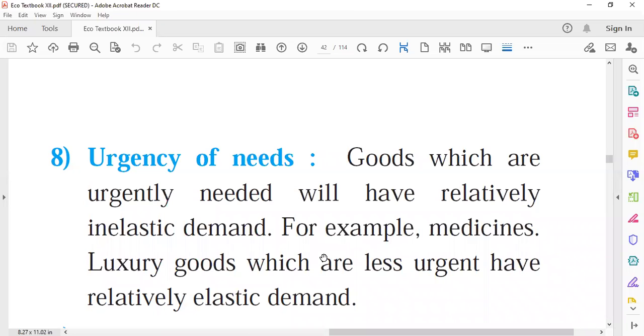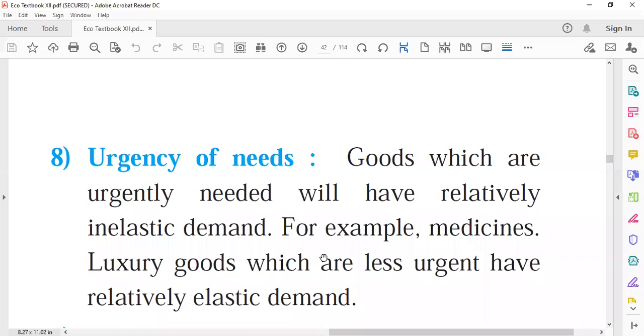The prices of medicines and doctor fees have increased, but still we have to purchase the medicines to survive. So therefore, we cannot postpone the consumption in a case of urgency of a need. We are ready to pay even a higher price. So the goods which are needed urgently in an emergency situation, the demand for such goods is inelastic.